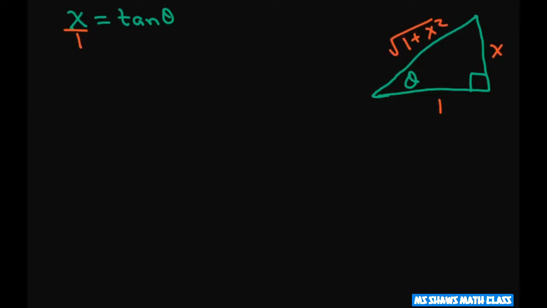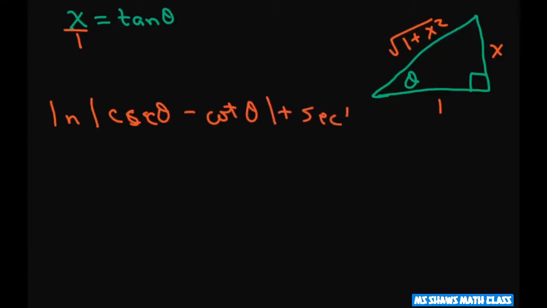Therefore, our final answer was ln of cosecant theta minus cotangent theta, plus secant theta, plus c. However, we started with x, so since this is an indefinite integral, we have to put this back in terms of x.